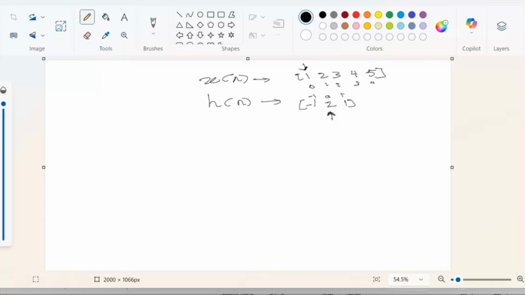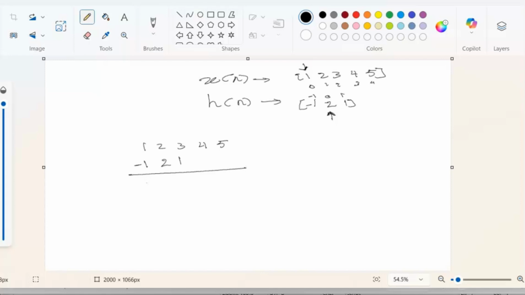All right, so how we calculate convolution is we write them this way: 1, 2, 3, 4, 5, and negative 1, 2, and 1.